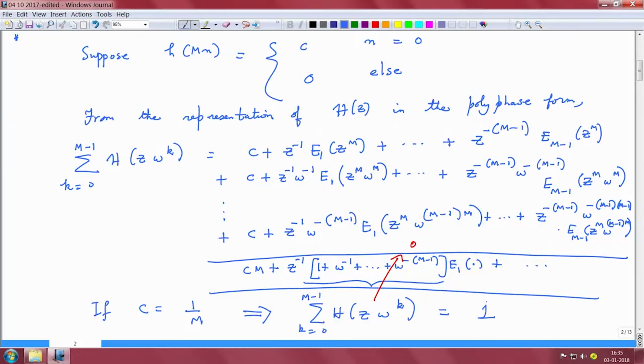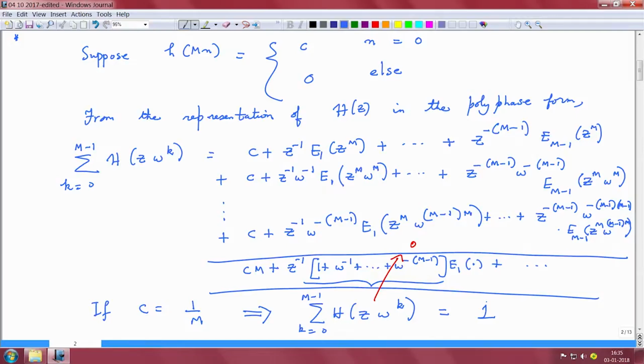But what is the physical meaning of this thing, right? That means I start with a base filter h of z, then I look at all its translations at multiples of the base frequency. You have e power minus j 2 pi by m, j 2 pi by m square, cube, and so on, right.